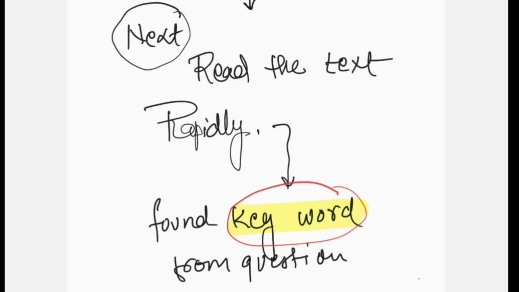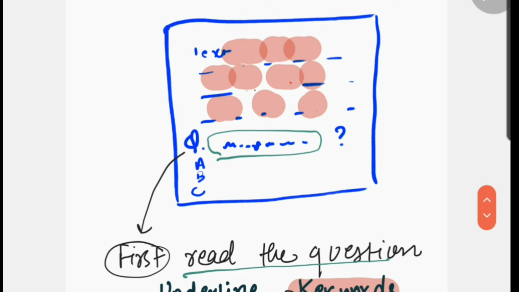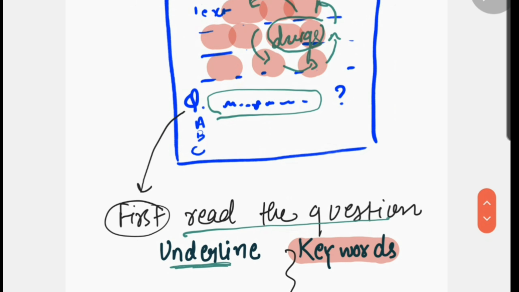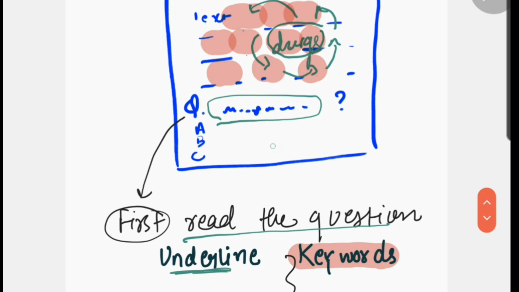Let's say you found your keyword. Now what are you going to do with it? You're going to read around the keyword. You're going to read the lines above and below the keyword, and then you will go back and read the question and the options again, and you will surely find the answer from one of the options here.